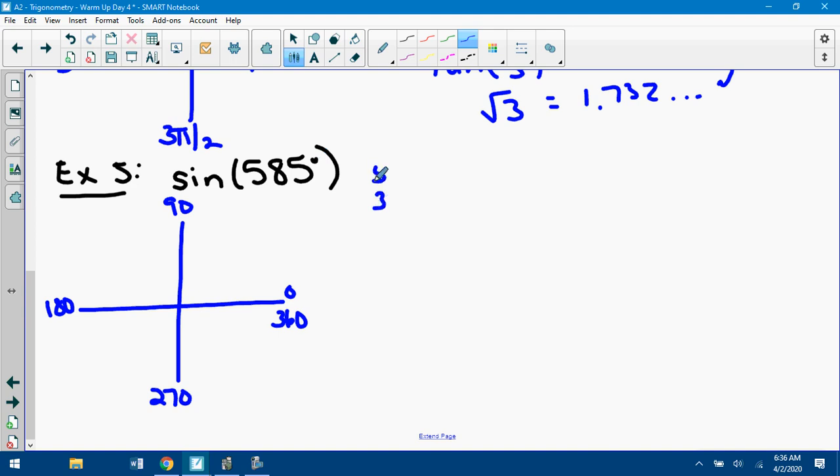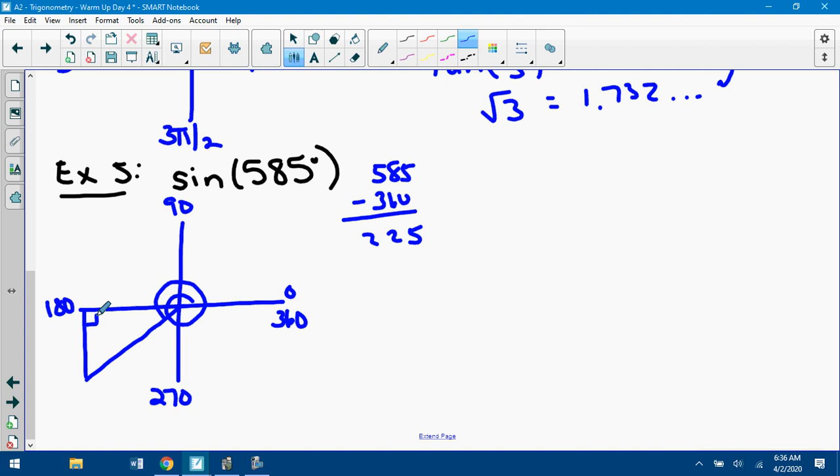So we got to take 585, subtract off 360 to see where we land. That's a 5, that's a 2, 225 degrees. So if it was 225, where would it be? Quadrant 3. We went all the way around, plus a little more.